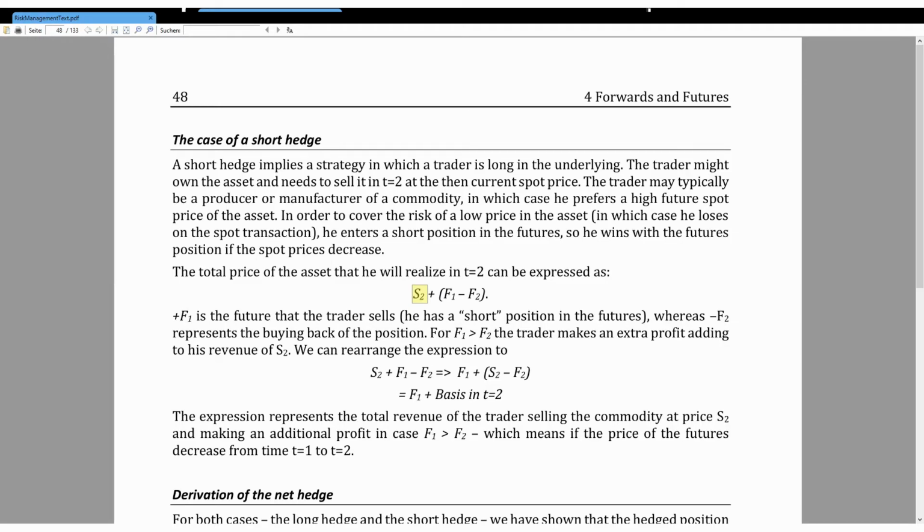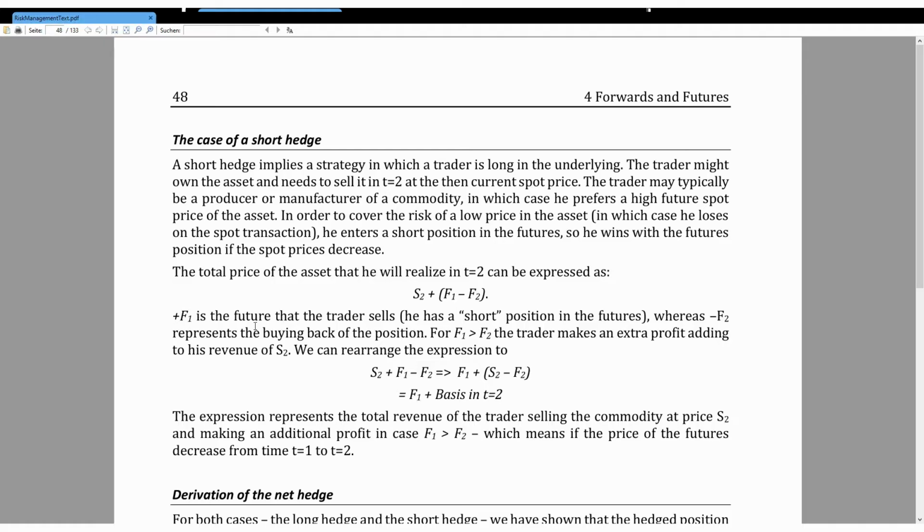Therefore, he will sell at F1 and he will buy at F2 to close his position out. If F1 is greater than F2, it is a gain for him and it will increase his overall revenue from selling the underlying. If F1 is lower than F2, it's a loss for him, and this will decrease his overall revenue from selling the underlying.